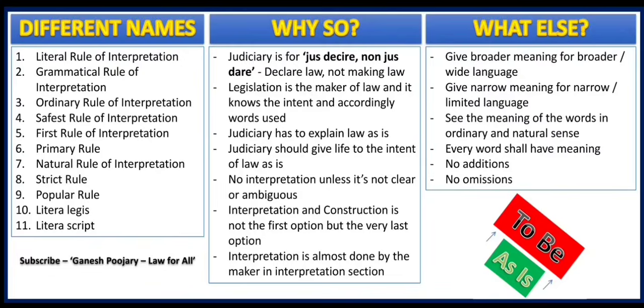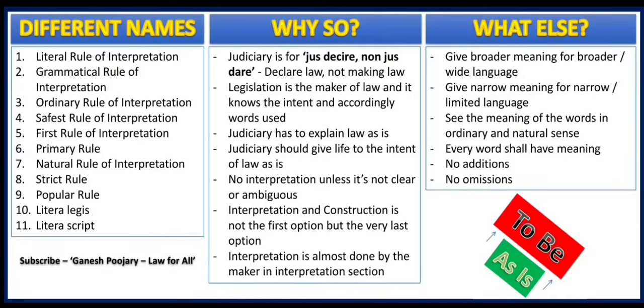Interpretation is allowed only when there is no clarity or there are ambiguous parts. Unless and until there is ambiguity, interpretation or construction is not allowed or appreciated, and this is the last option. It should not be the first option of the court to interpret or construct. That is why this rule is there, and interpretation is almost done by the maker in the interpretation section.